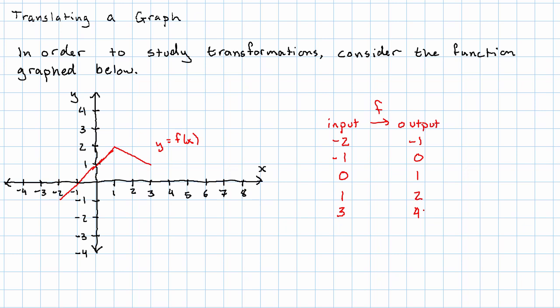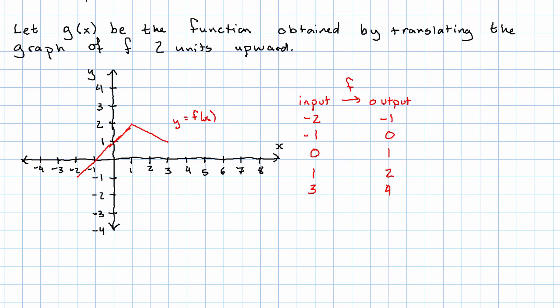The first thing I'm going to do is translate it 2 units upward. So what does that mean? I'm literally going to take that curve, and every point on it, I'm going to move upward by 2 units. Every point on the graph of g is 2 units above the corresponding point on the graph of f, which gives us a new input-output table.